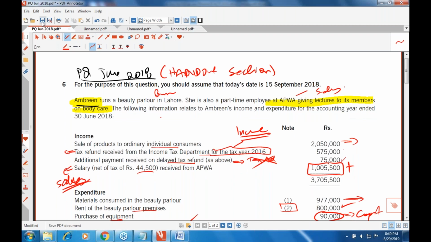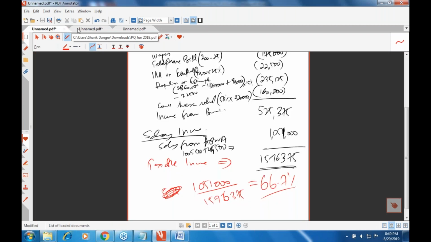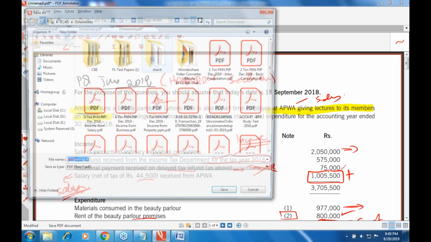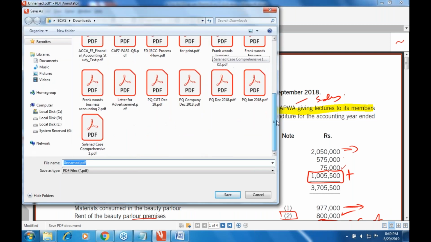So basically the next question that I'm going to attempt is a question on a company. We are now going to compute the taxable income of a company.